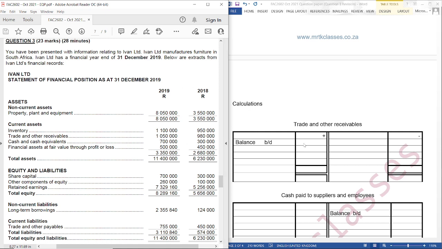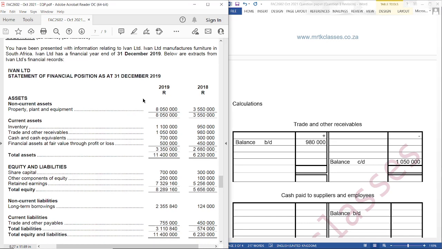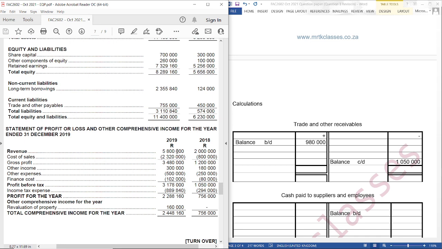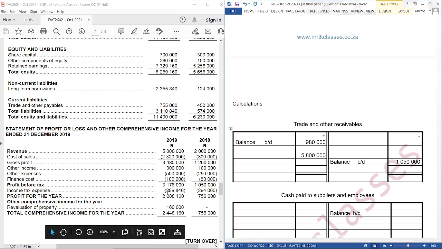So balance brought down 980,000, then balance carried down 1,050,000. This account is increased by sales, so we take sales for the current year.